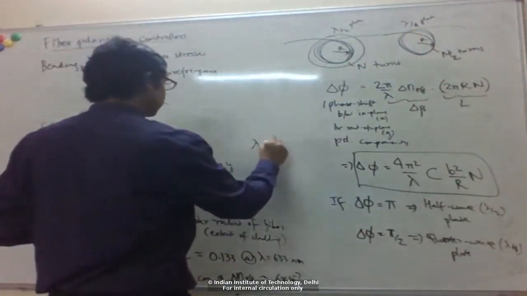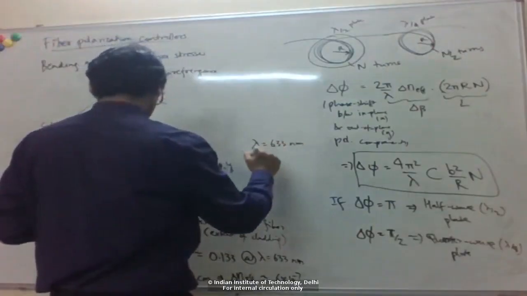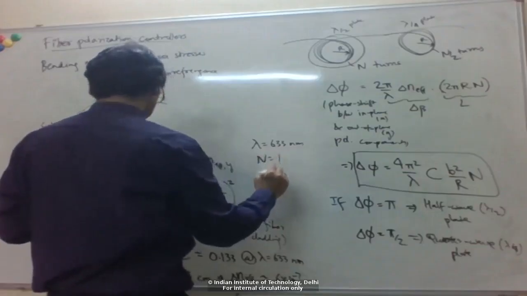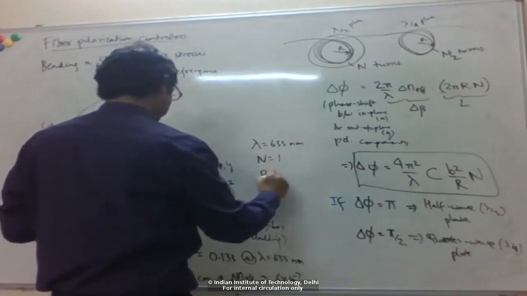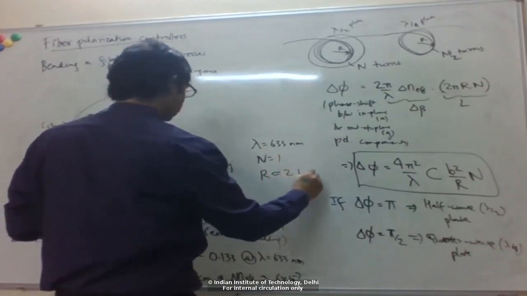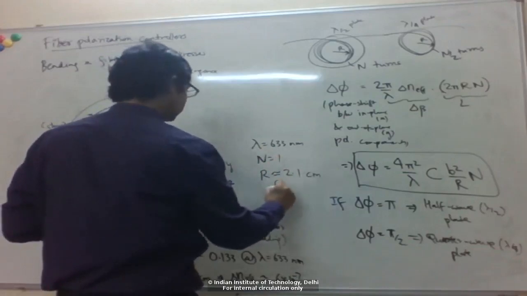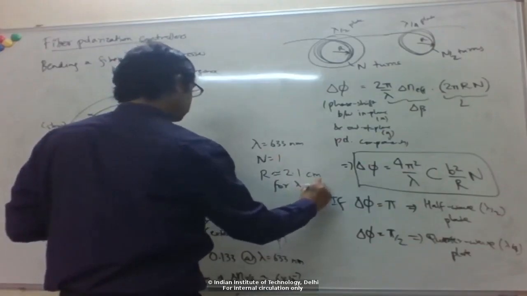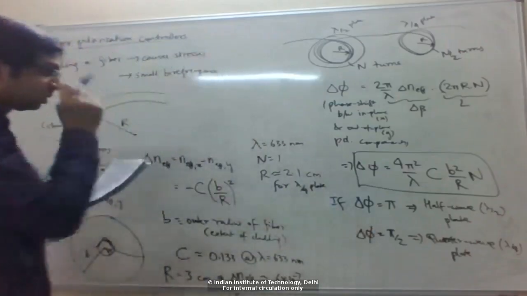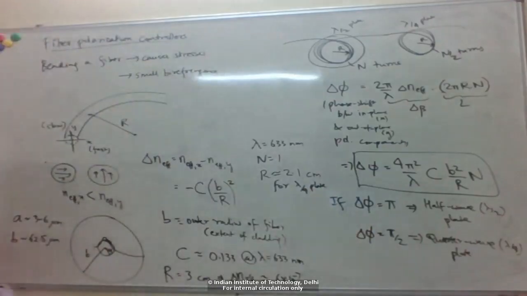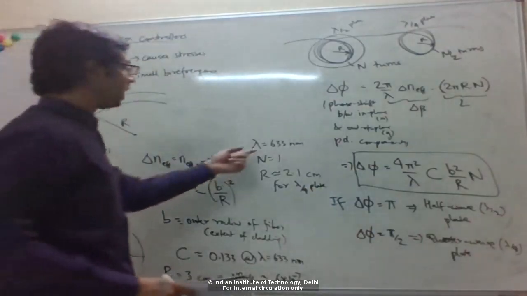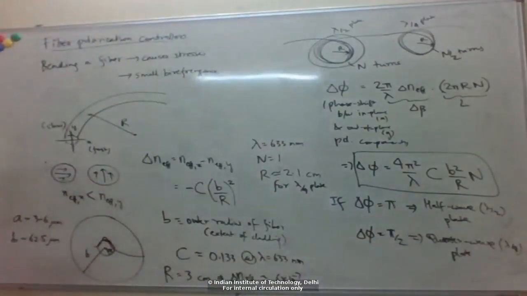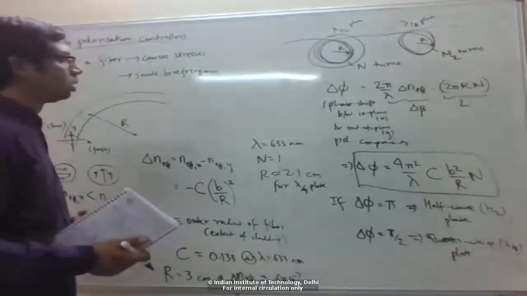Let's say the wavelength is 630 nanometers and I have just a single turn. If I use a radius of curvature of 2.1 centimeters, then I get a quarter wave plate. Now if I have 2 turns, then it will act as a half wave plate.